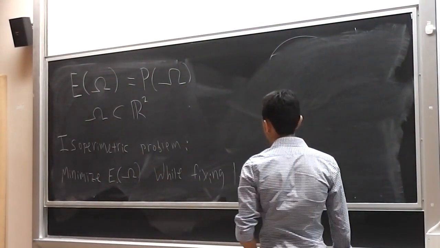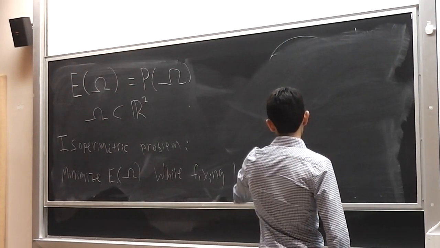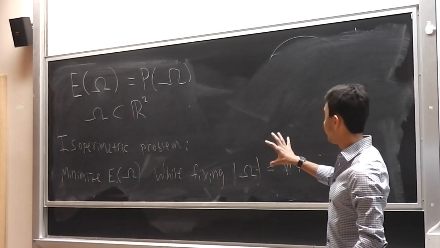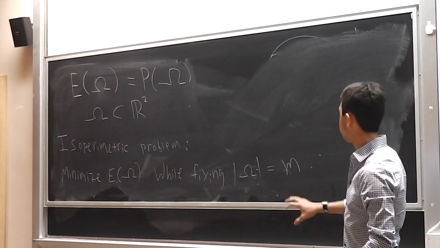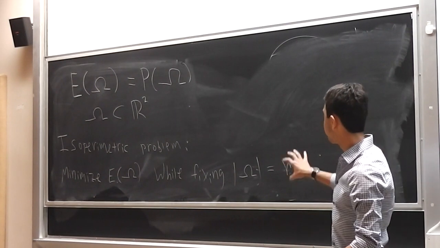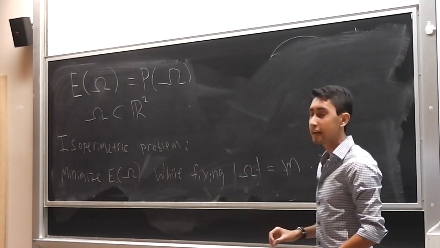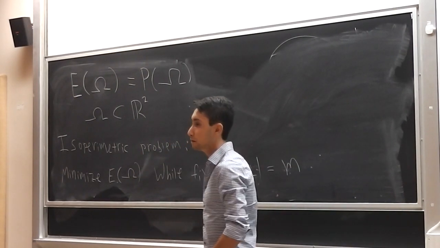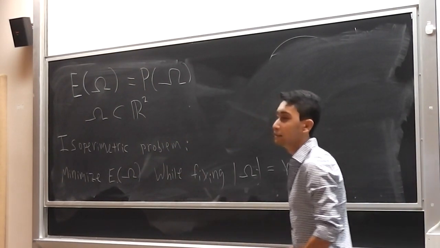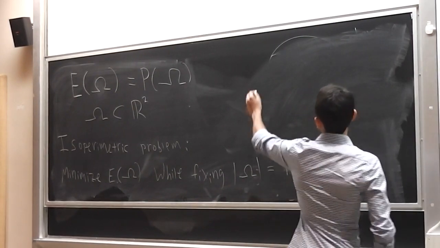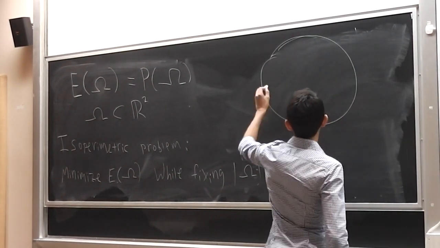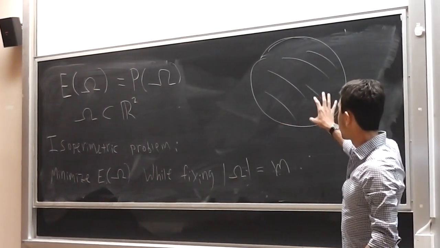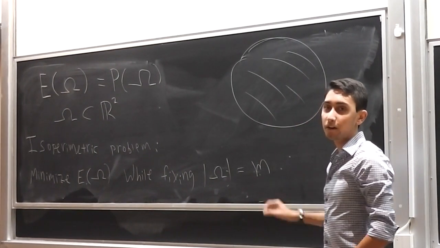So we fix the measure of omega at some, say, m. That might be odd since m is not usually used, but I was working with a physics guy, so this is like mass. So m is the fixed area of the set, and we want to minimize the energy, which is the perimeter. Most of you probably know the answer to this problem. The answer is just take a ball. If you look at all sufficiently nice sets of fixed area, the one with smallest perimeter is a ball.